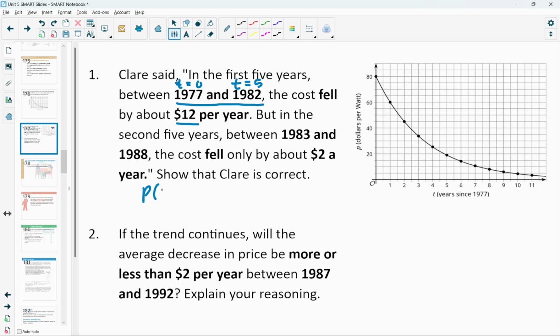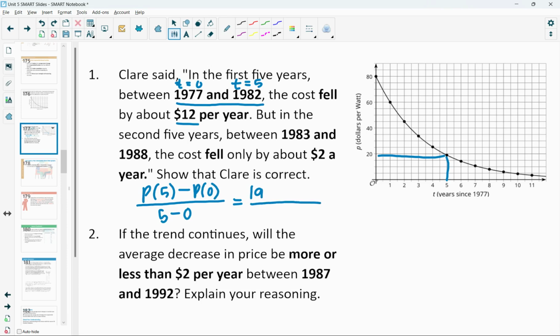So we're going to be looking at, remember, you do the new minus the original. So P of 5 minus P of 0 divided by the time period. Okay, so in this case, 5 minus 0. So we'll look at the graph. So P of 5 is maybe like 19.